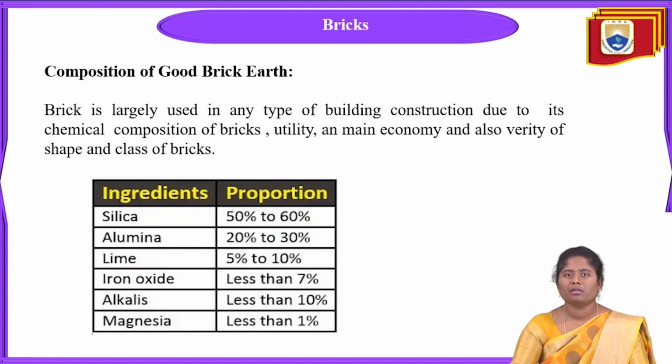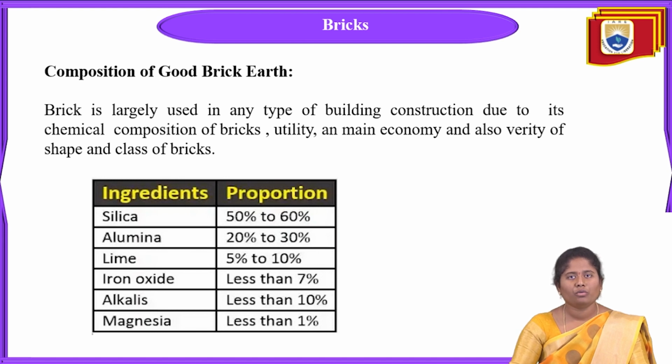For example, take silica: the proportion of silica in bricks can be about 50 to 60%. An excess amount of silica may damage the overall brick. That's why we use only 50 to 60%.